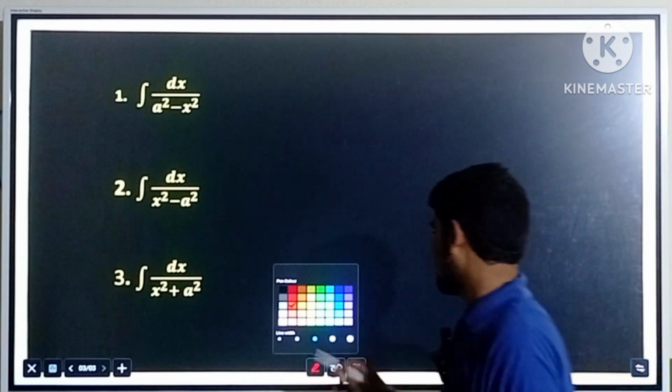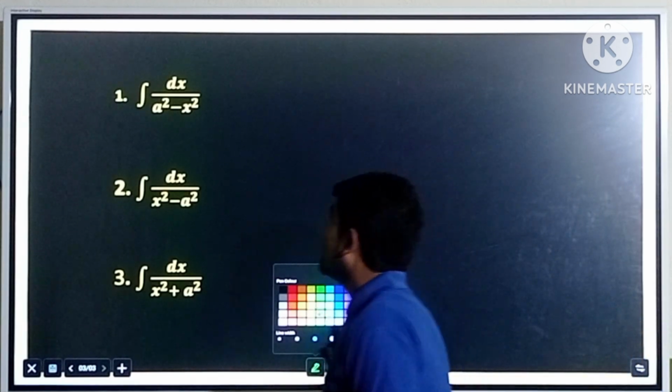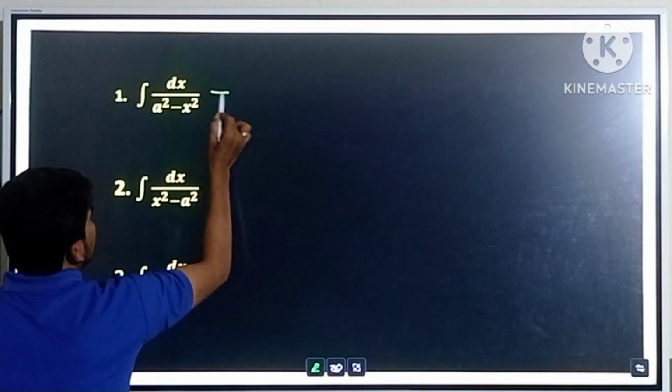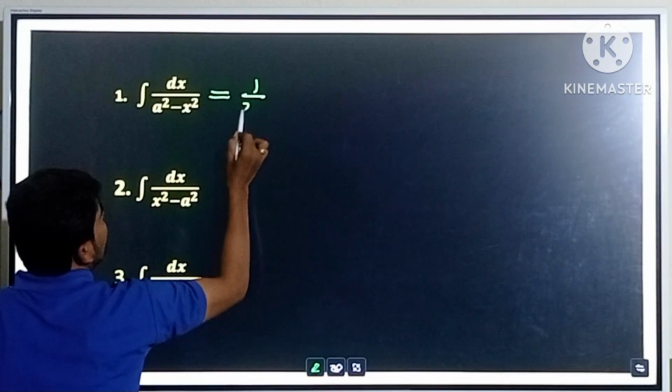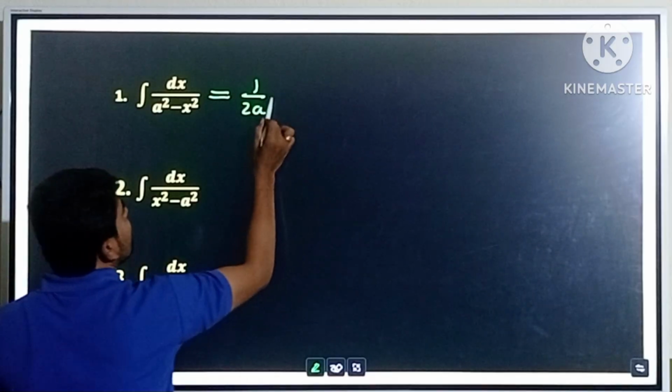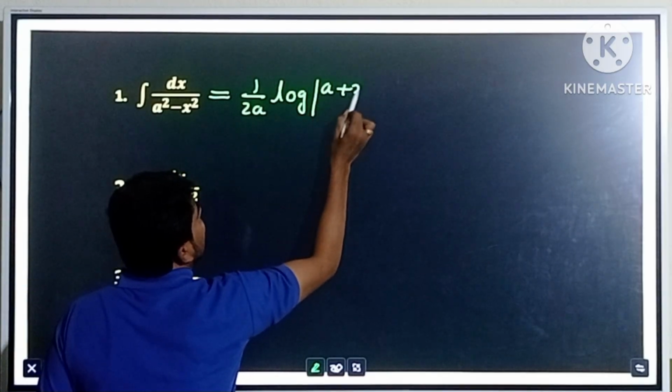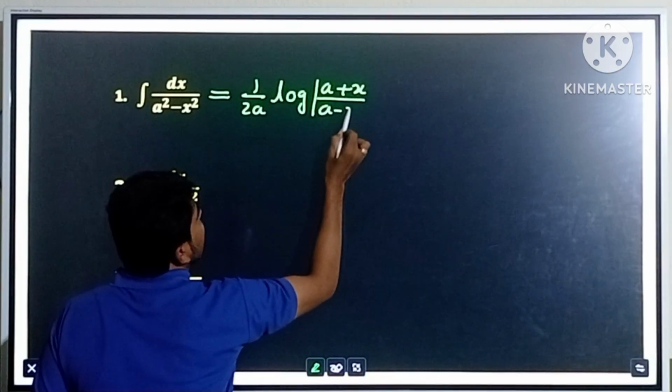Here the first one is integration of dx divided by a square minus x square is equal to 1 divided by 2a into log of modulus of a plus x divided by a minus x plus c.